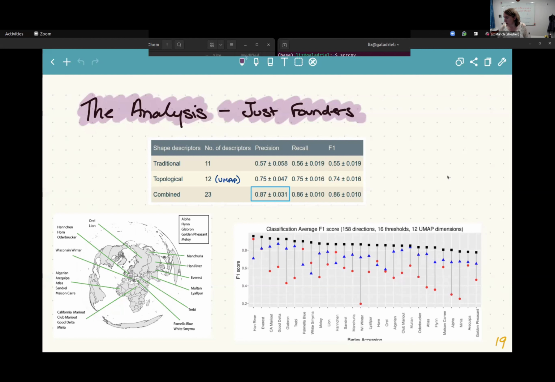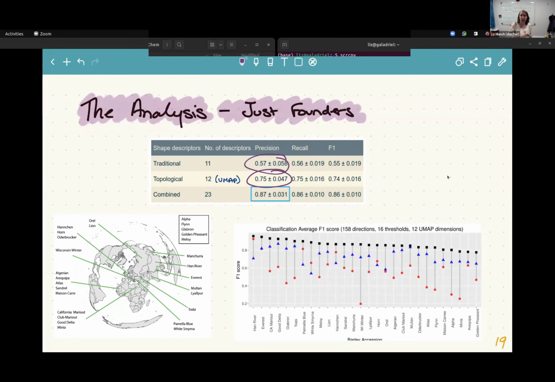So what we found was that if you try to then take your input seeds and predict something about the original founder that it came from using just the traditional descriptors, we were getting something on the order of 57% accuracy. The topological bits themselves were doing better, but actually we did absolutely the best by having a combination of both of them.